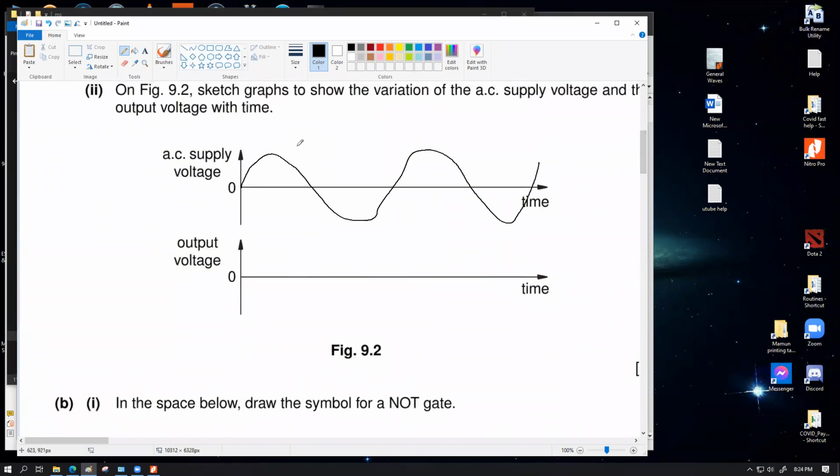So in this case, let's say I'm going to allow the top half cycle to pass through. So the output voltage should look exactly similar as the first half cycle, which means you have to match these points precisely. So use ruler. It's better that way, and like that.